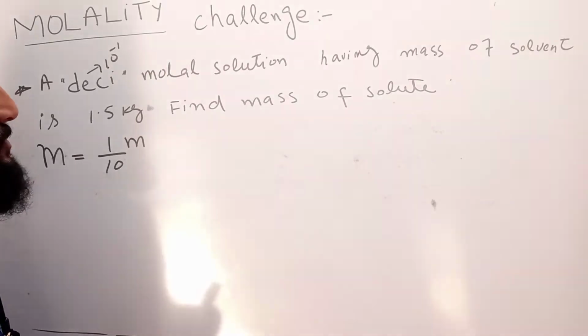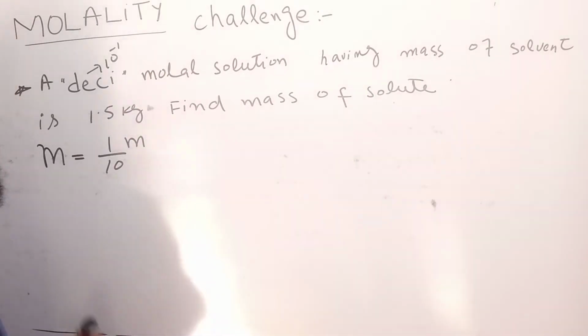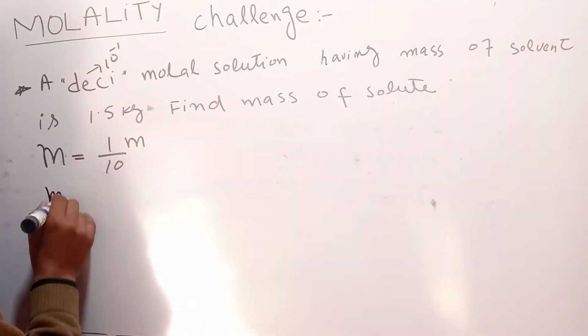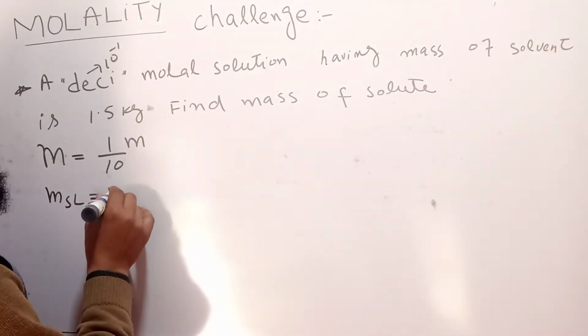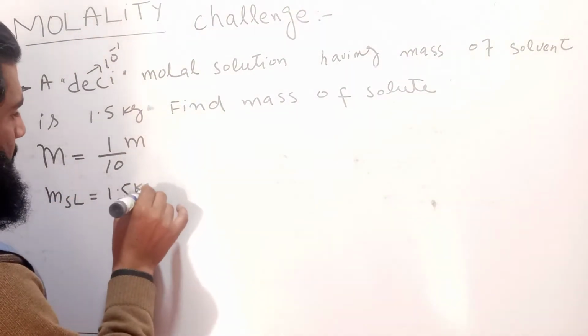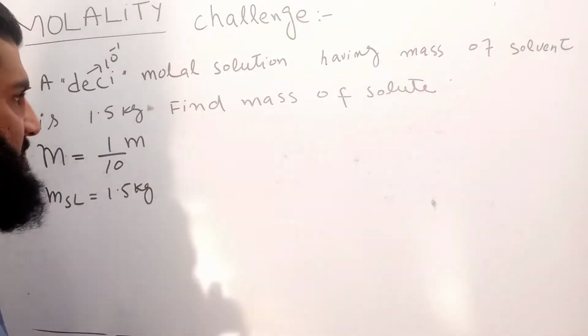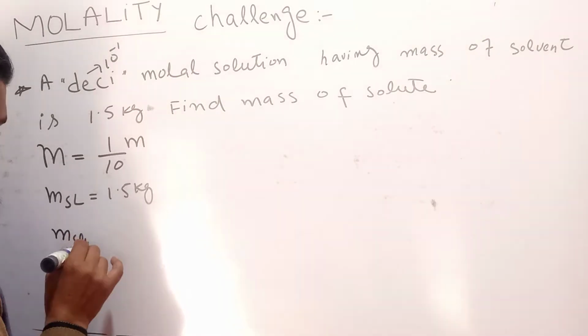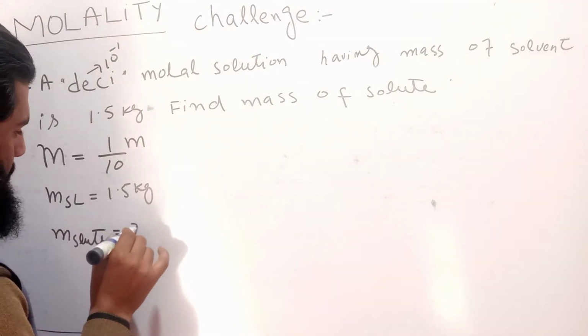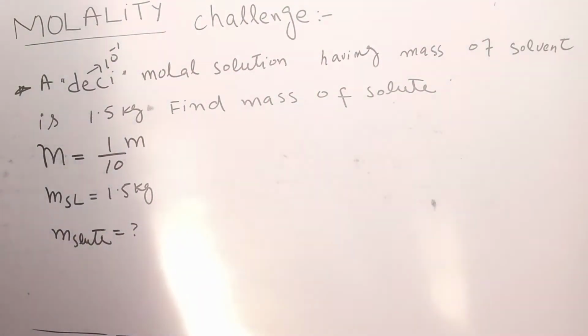A decimolar solution having mass of solvent 1.5 kilogram. Clear? Find the mass of solute. A decimolar solution having mass of solvent 1.5 kilogram. Find the mass of solute.